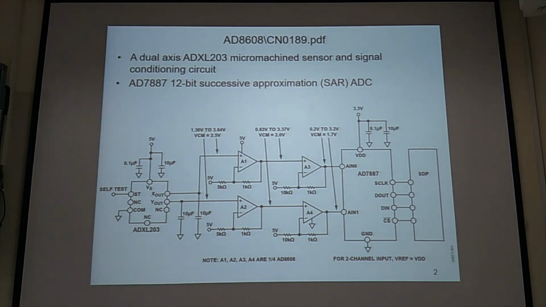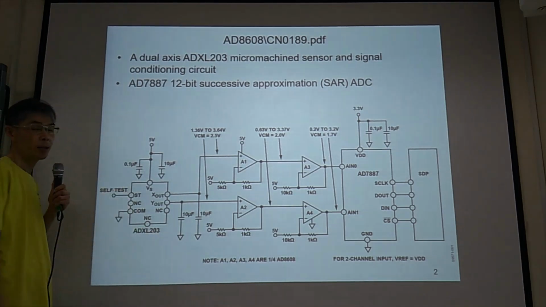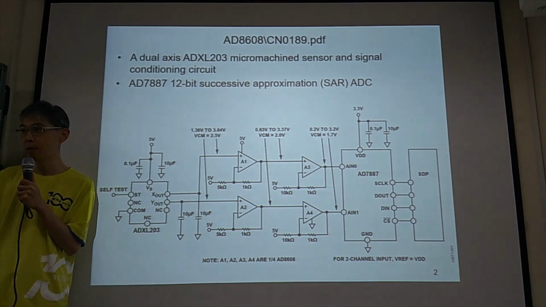Accelerometer can be used to measure angle. So this lecture is going to introduce you how to use accelerometer to measure angle. This one, AD-Accel203, is an accelerometer.